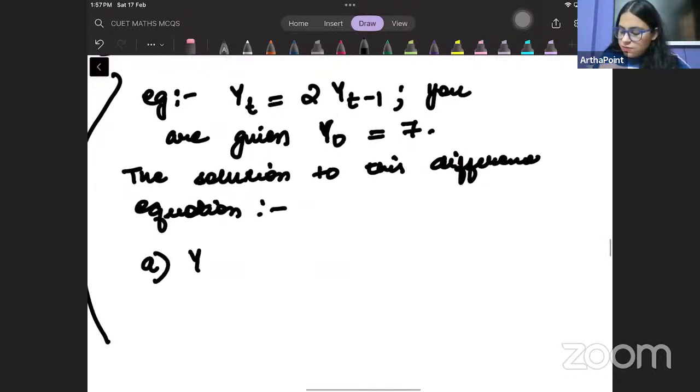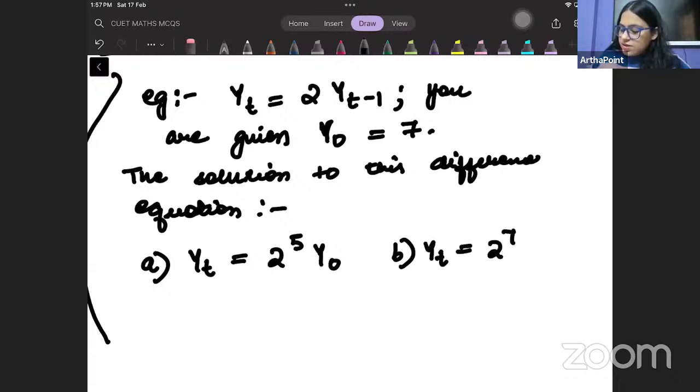First, yt is equal to 2 to the power 5 y naught. Second, yt is equal to 2 to the power 7 into 7. Third, yt is equal to 2 to the power t into 7.